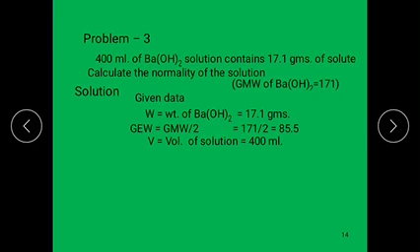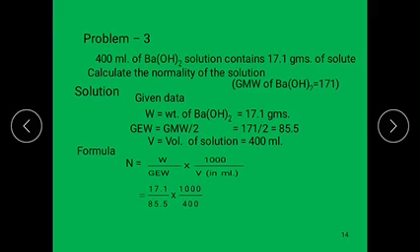Here the volume of the solution is 400 ml. The volume is in milliliters, so we take N is equal to W by GEW into 1000 by V in milliliters.